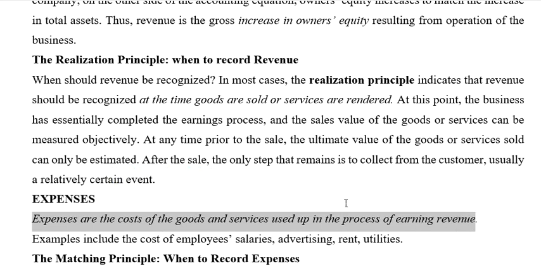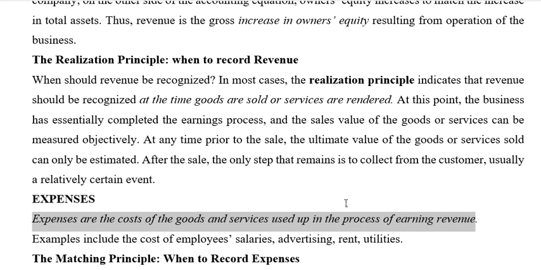It is the cost of goods and services used in the process of earning the revenue. The definition is that whenever we earn revenue, we are using costs; we need to bear some cost of goods and services.